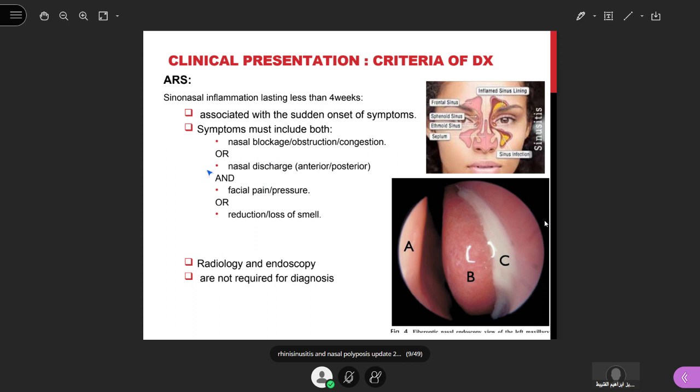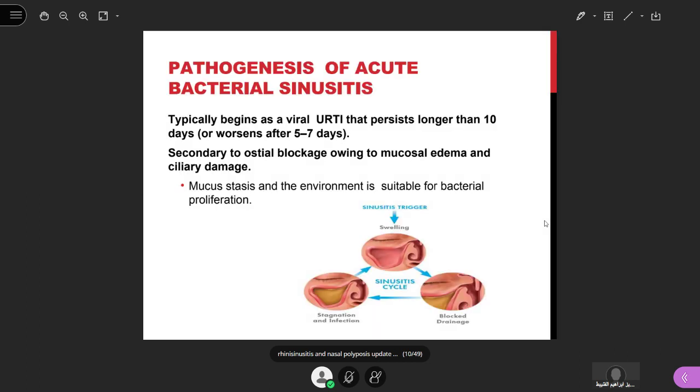Out of these four, 2 must be present together. If you have these symptoms, 2 of 4, this is an indication of acute rhinosinusitis and you can diagnose the patient. Radiological imaging and endoscopy are not required for the diagnosis of acute rhinosinusitis.